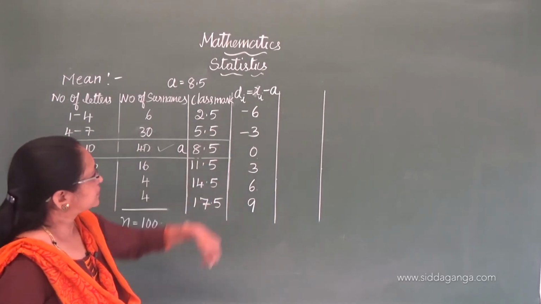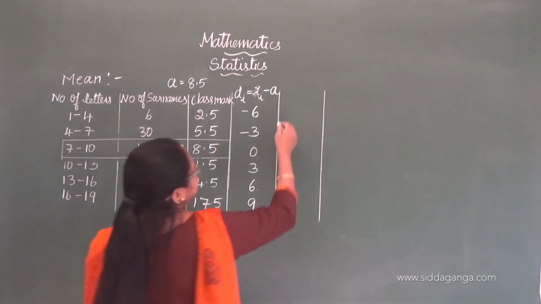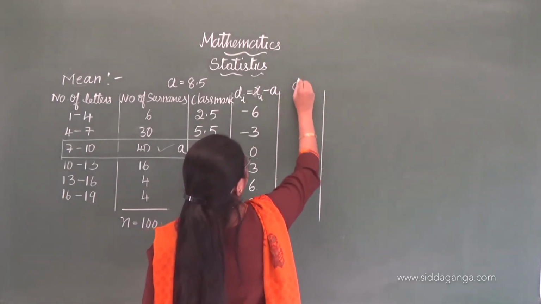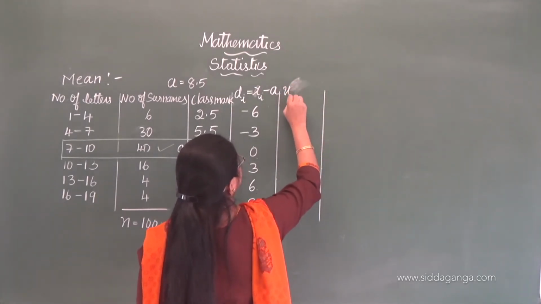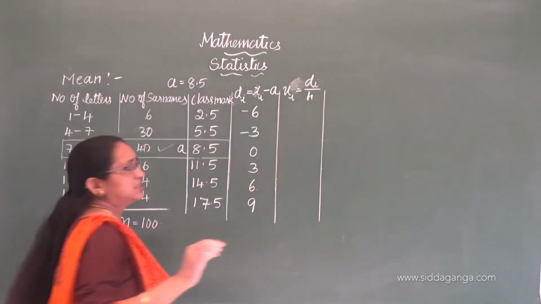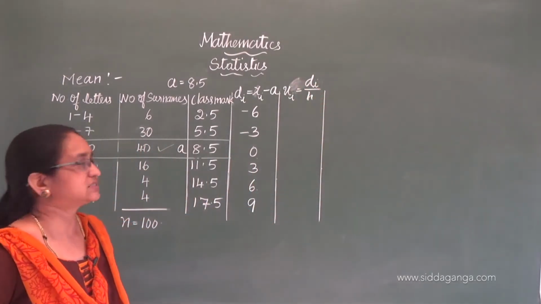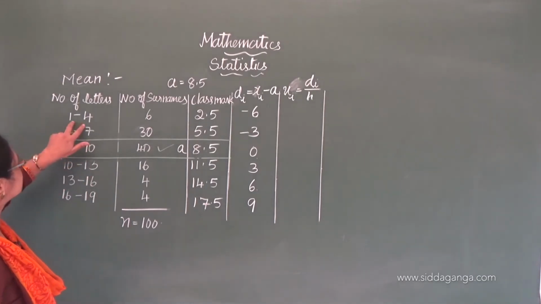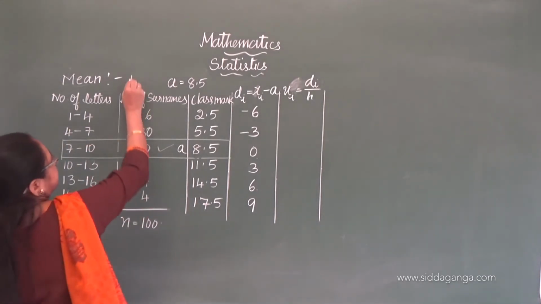Now, what do you have to do next? Next is ui, which you have to find out. ui is equal to di by h, correct? h is the width of the class interval, which is 3 here, so h is 3.